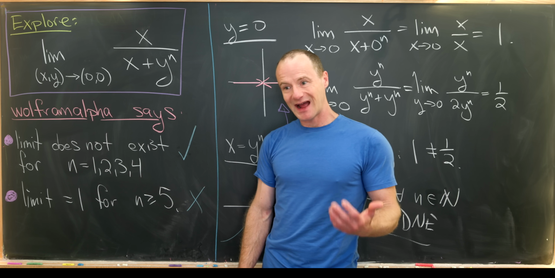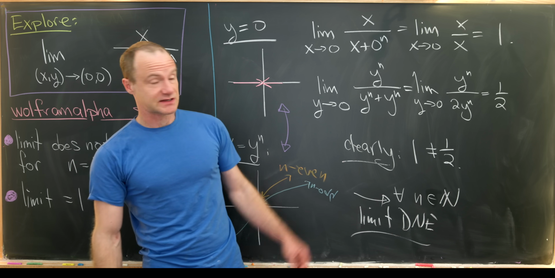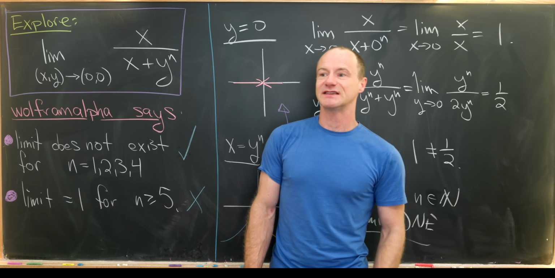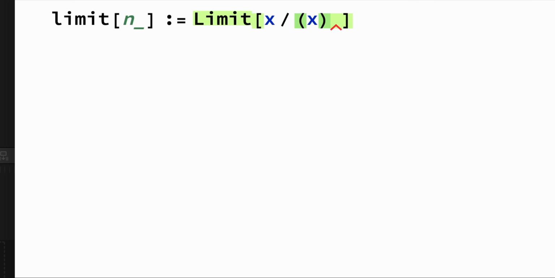The first thing I did after I noticed that Wolfram Alpha was incorrect, based off of my calculation, is that I calculated this limit in Mathematica, which is also a Wolfram product, just to see if it would make the same mistake.